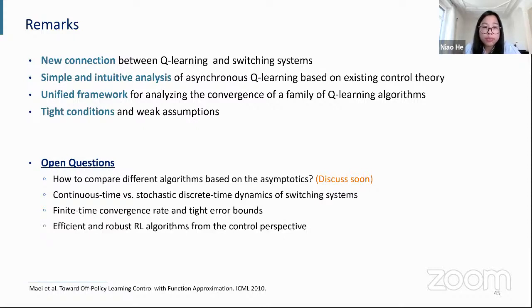And ideally, hopefully, this will inspire the potential to design new algorithms based on this control perspective, and how we can leverage some of the robust control theories to design something much more efficient and reliable. So lastly, as I said, in the next section I will also talk about how this can be generalized.